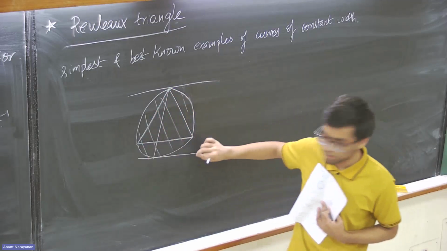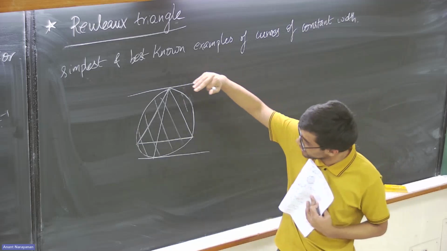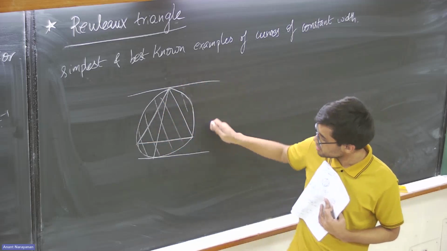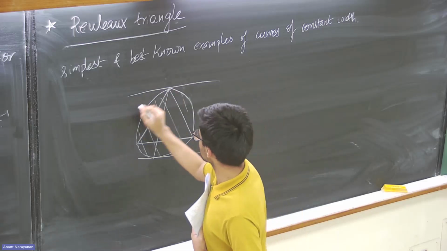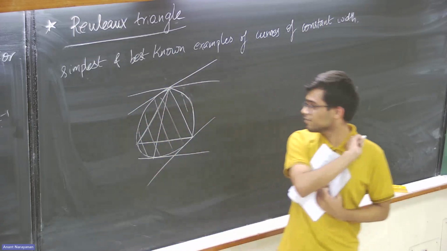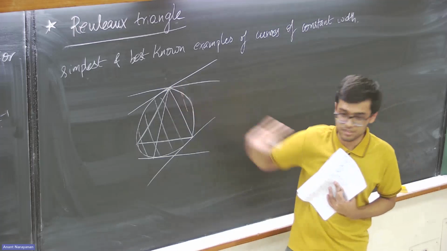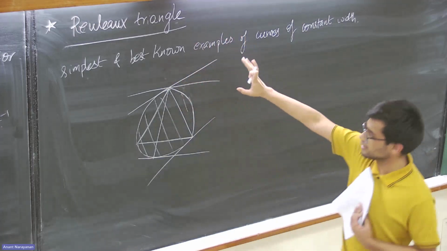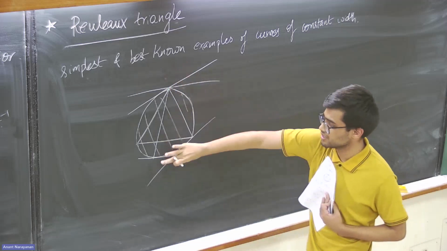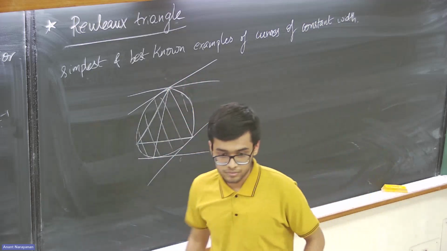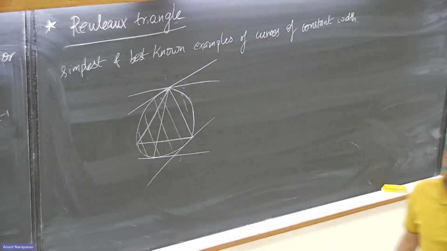So if you take any supporting hyperplane here, the parallel supporting hyperplane will lie here, and the distance will be the side length of the equilateral triangle. Similarly, it is very much possible that you have a supporting hyperplane here and consequently a supporting hyperplane over here. But in this case as well, the distance is the side length of the equilateral triangle. Because we've done it for this particular vertex and this circular arc, it follows for all.